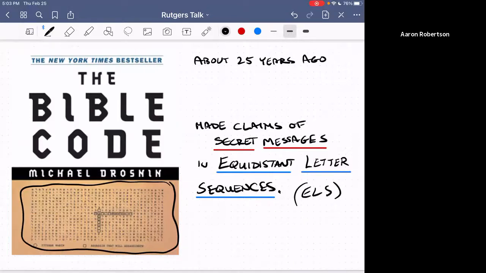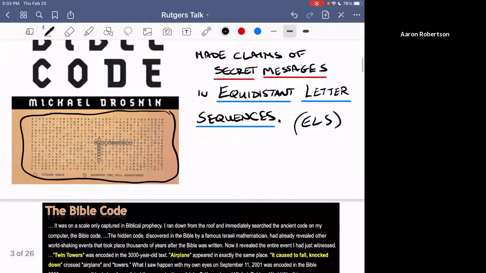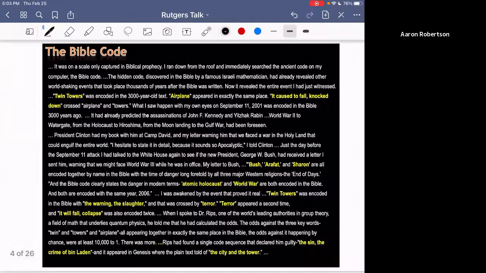So first let's get a flavor of what he's saying. This is an excerpt from the book. He's claiming that the words twin towers, airplane, and it caused to fall, knock down are all encoded in the Bible in these equidistant letter sequences, the ELS.